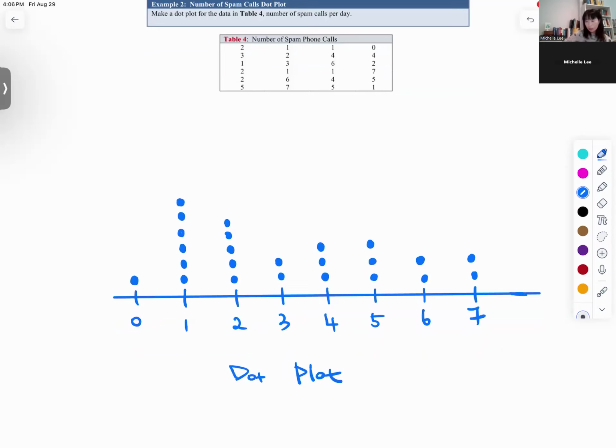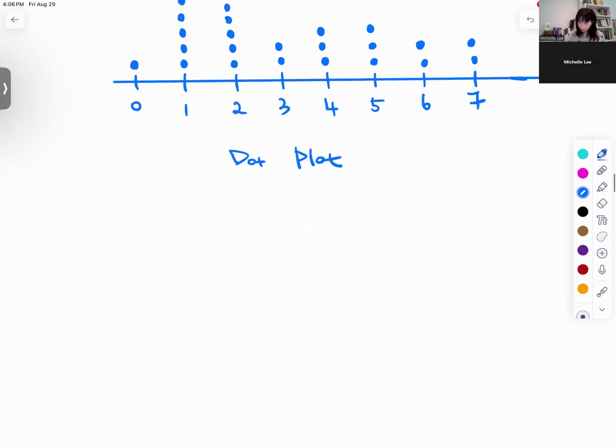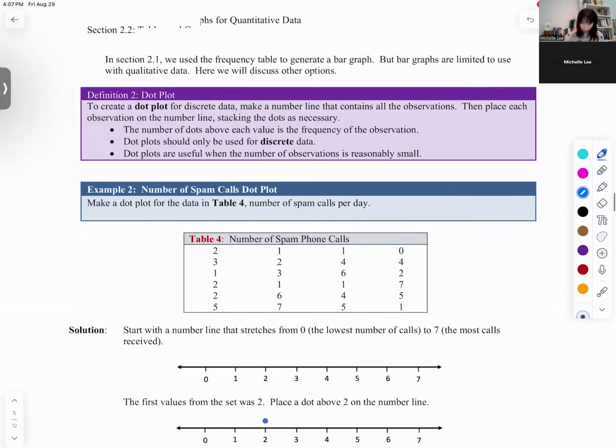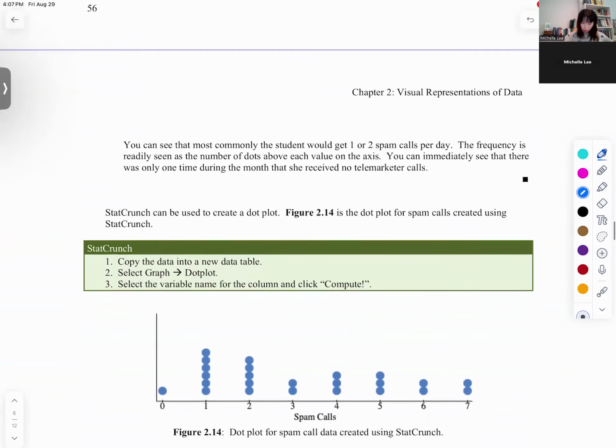Now I'm going to show you how to use StatCrunch. The instruction is here.